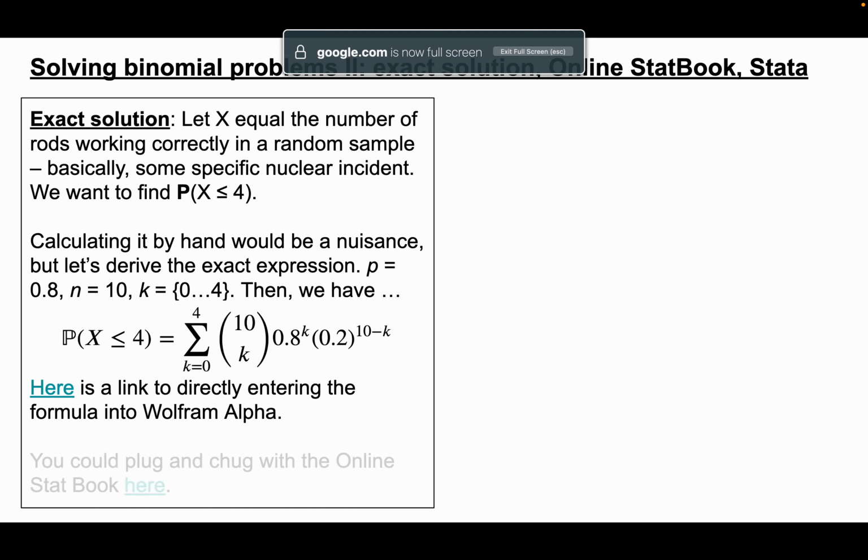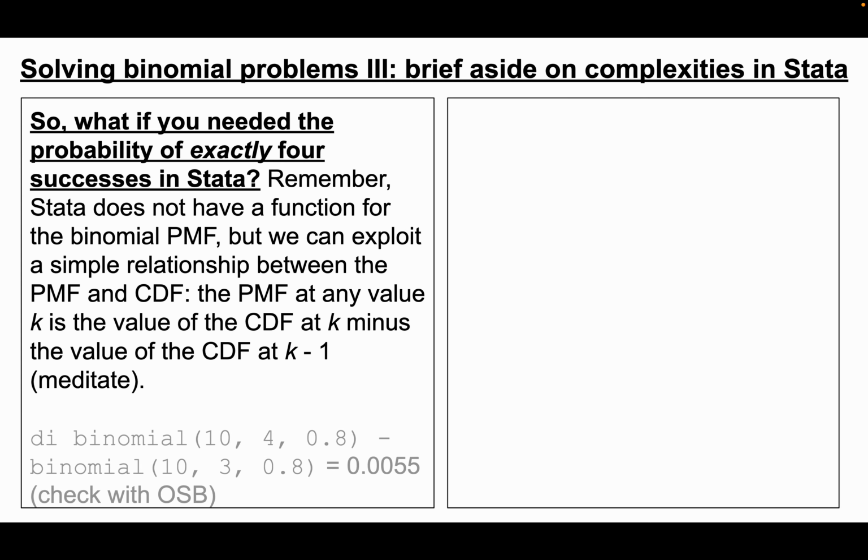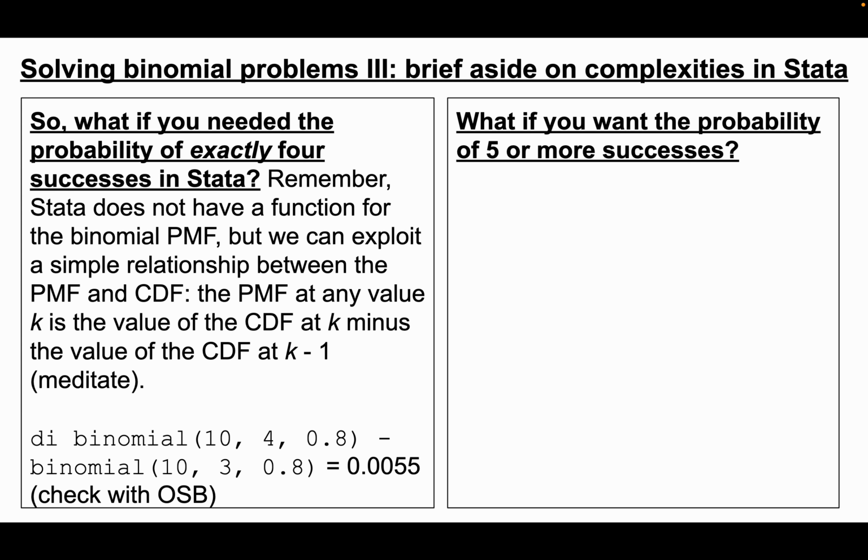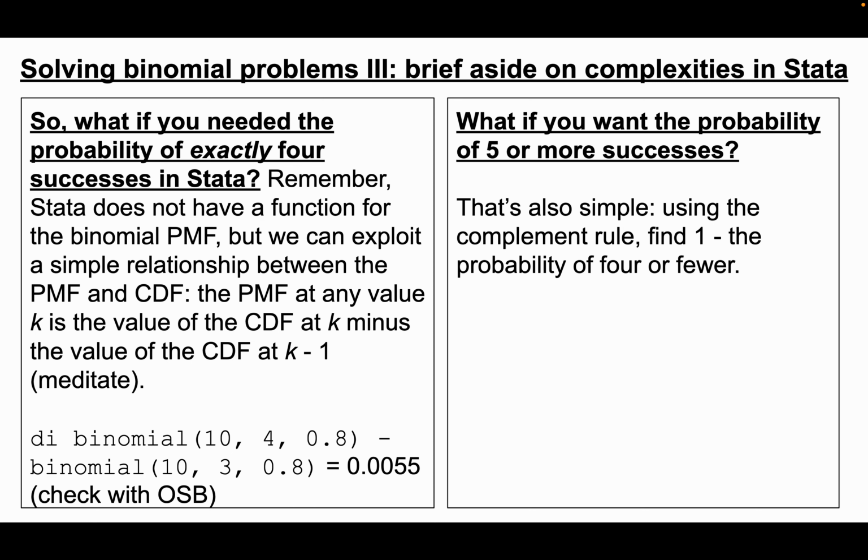So I wanted to call attention to one more complexity here. What if you want the probability of something like 5 or more successes? This again turns out to be basically identical to the same procedure that we use when we use table A. So if table A gives us probabilities of a particular input or one smaller than that, we just use the complement rule and we find 1 minus the probability of, in this case, 4 or fewer.